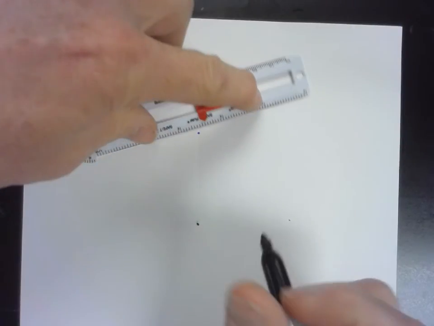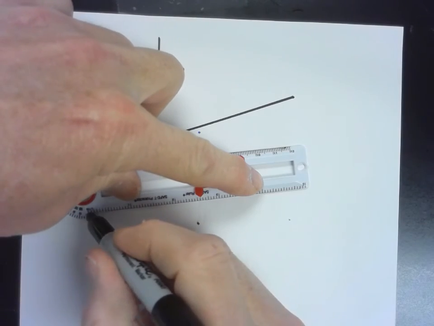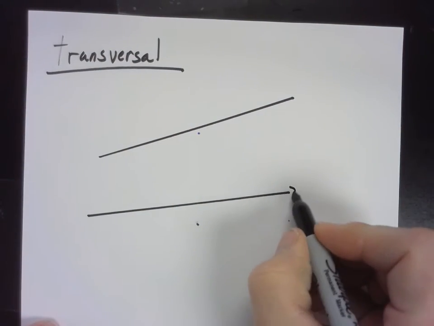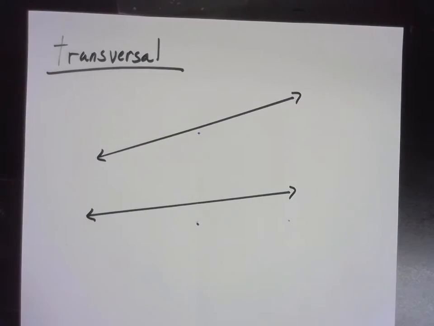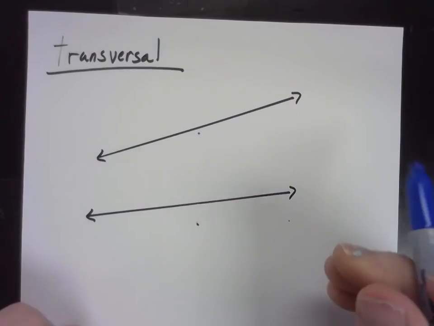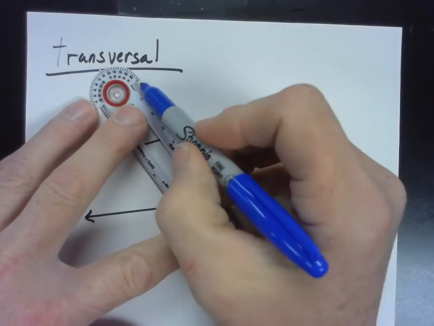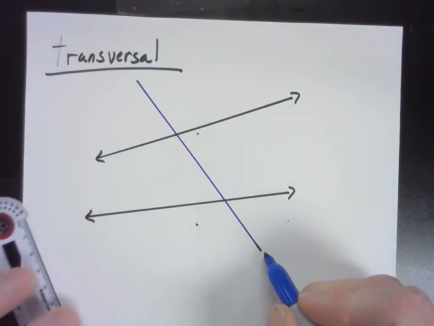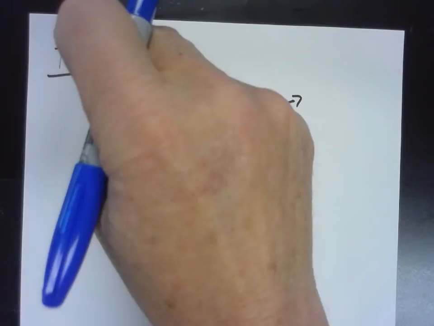So if I have a couple of lines, and I want you to notice that I'm not being careful about it, and these are not meant to be parallel. A line that passes through both of them, it traverses them. So this blue line is called the transversal.